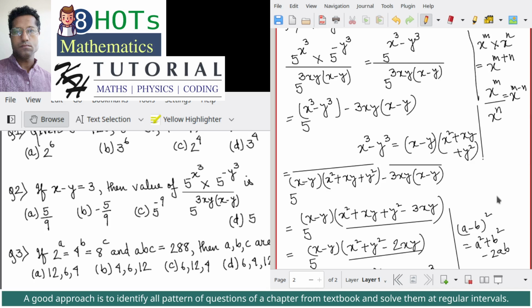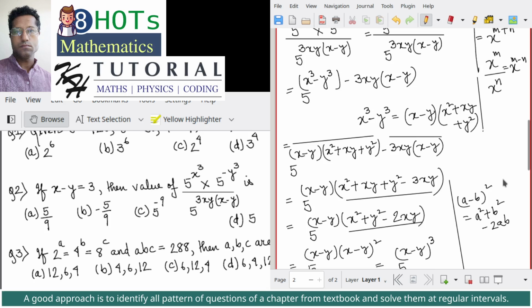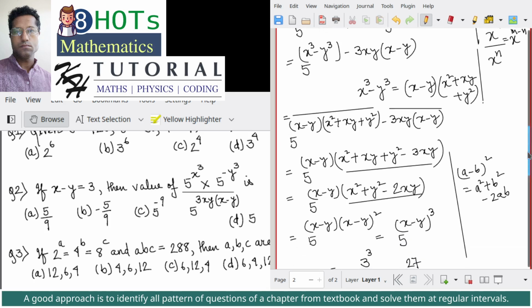So now we have factorized, taking x minus y as the factor in the power. We have 5 to the power x minus y multiplied by x square plus xy plus y square minus 3xy. This is fine.